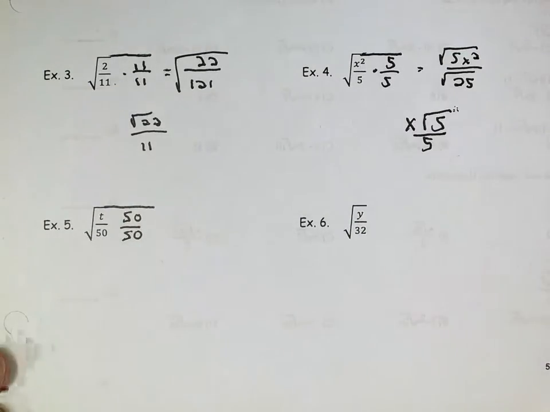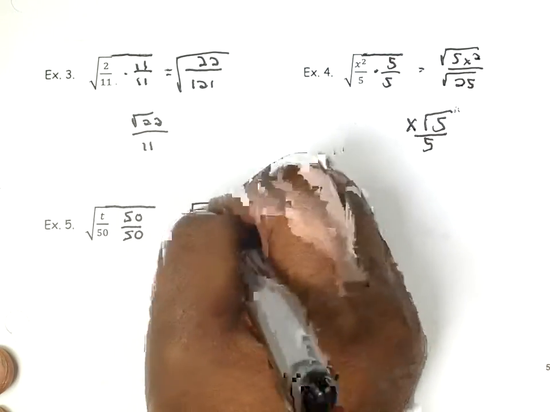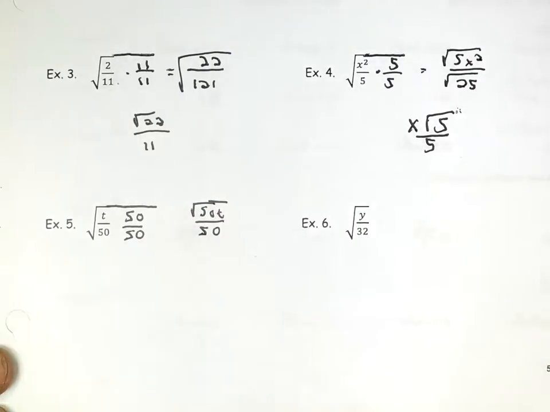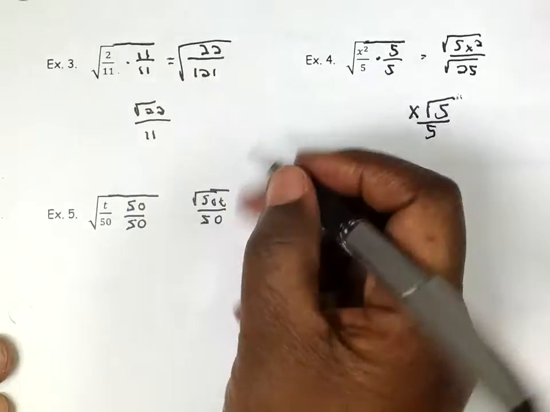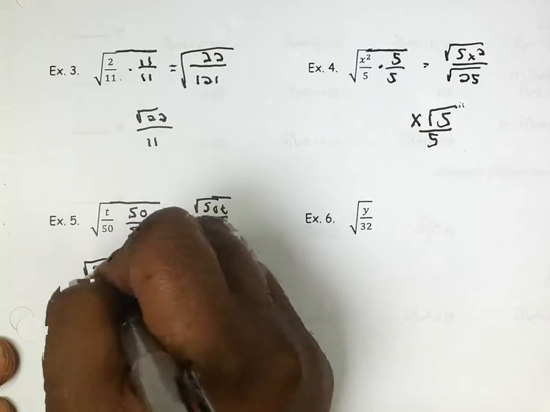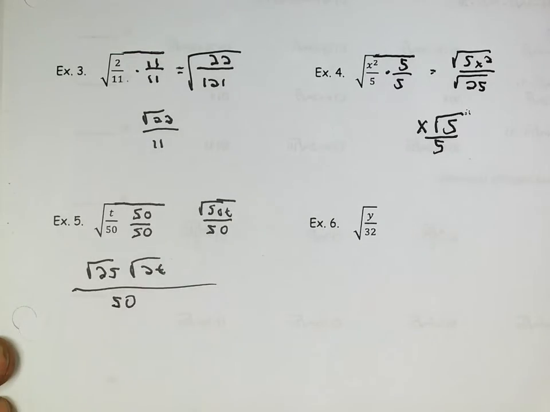Here I'm going to multiply by 50 over 50. So we get square root of 50t over 50. That's 50 squared, and then you take the square root. That can be broken down to 25 times 2, so square root of 2t over 50.